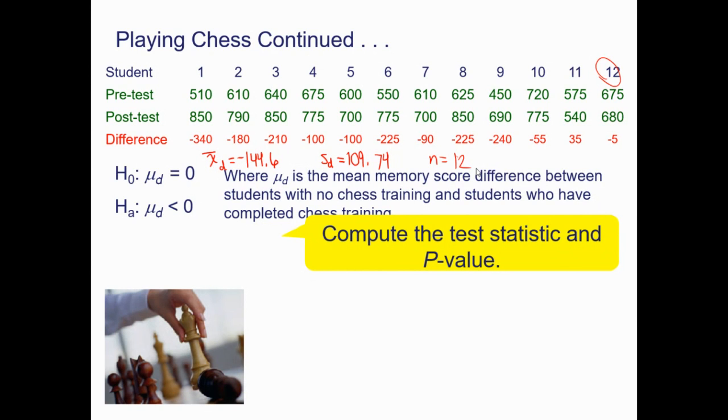Okay, so let's compute the test statistic. So T equals negative 144.6 minus, well, our hypothesized value is 0, over 109.74 divided by the square root of 12.